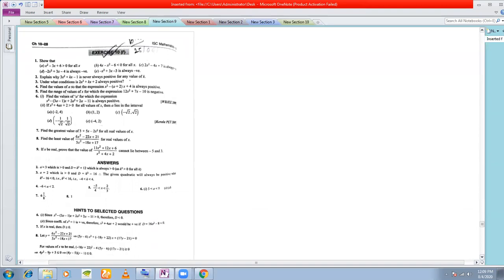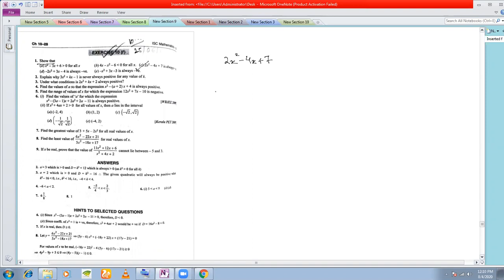Look at this. The question is, show that x squared minus 4x plus 7 is always positive. You have to show that for whatever real values of x you take, for whatever number that you consider, this is always positive.